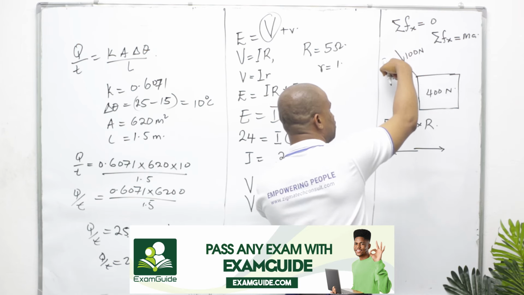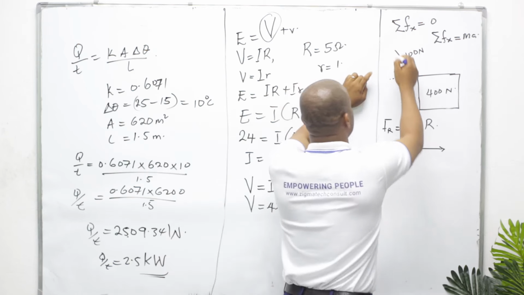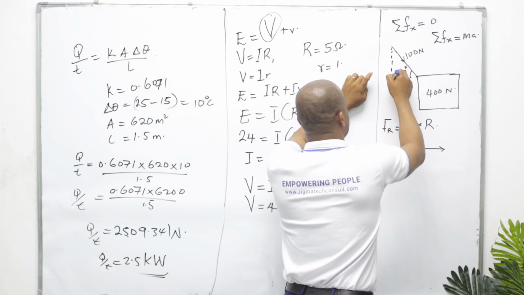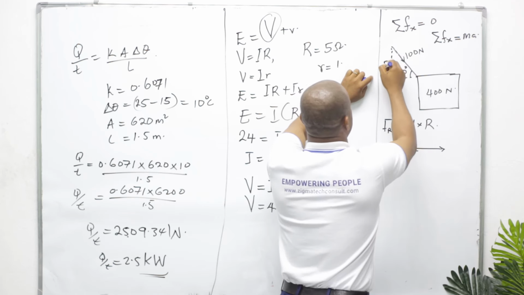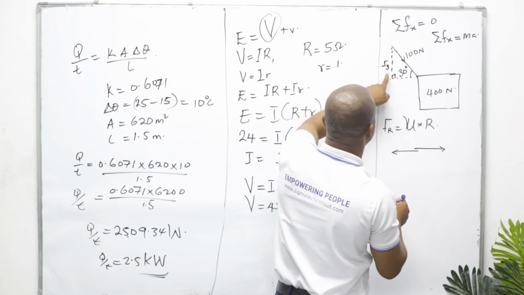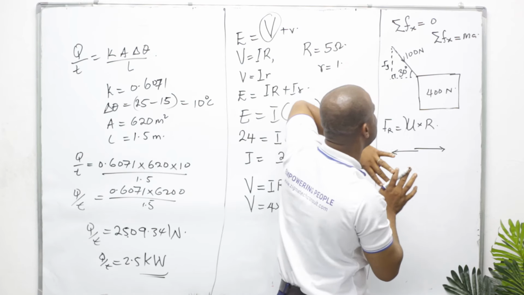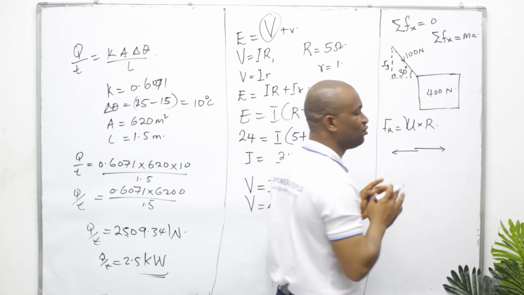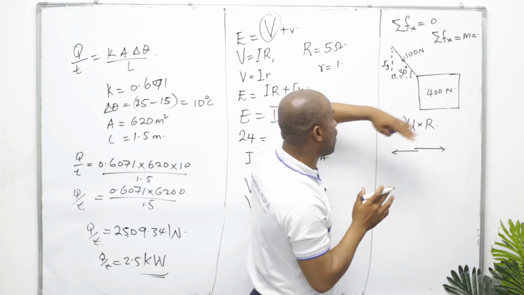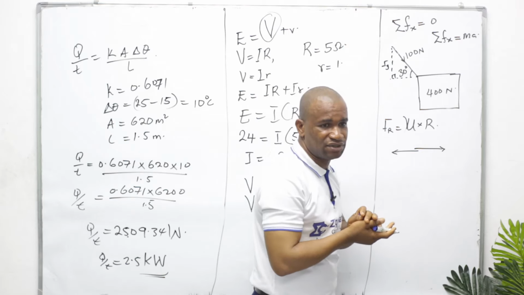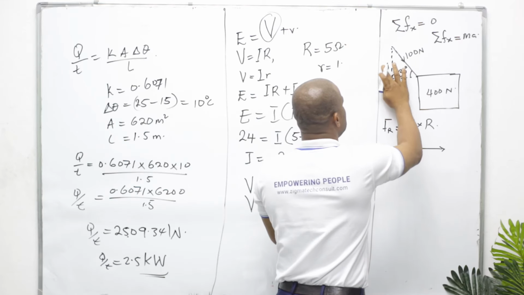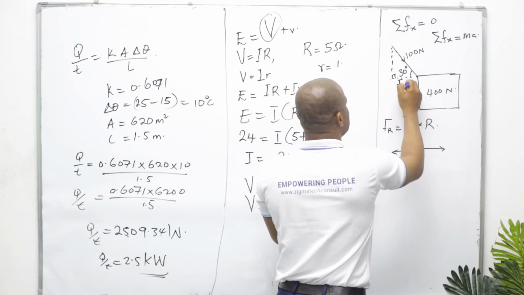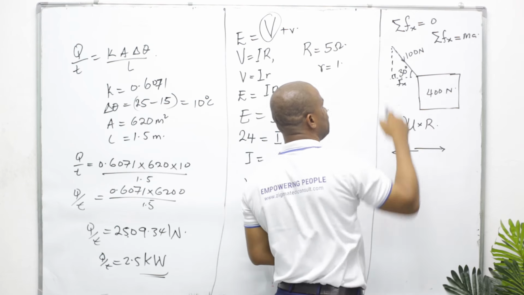We resolve it to the horizontal. Resolving this to the horizontal means I'm going to do this projection, and this is going to be Fy. I don't need Fy because the body is not moving in the vertical direction. The body is actually moving in this horizontal direction. So I have nothing to do with the F of the vertical direction. Now, I don't need Fy, I need Fx, which is the horizontal component of this force.